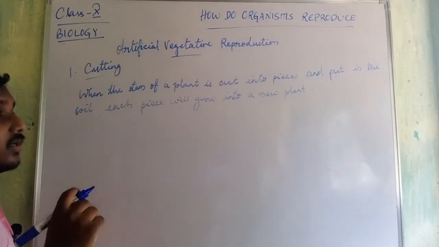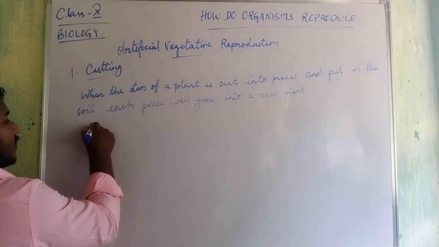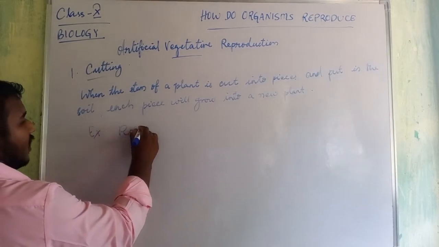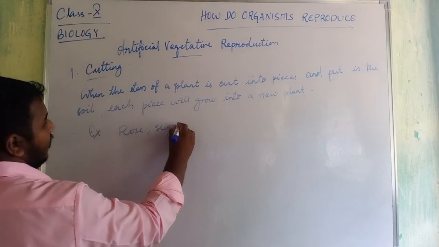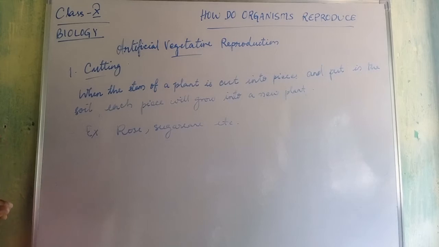This is called cutting. Example you can write rose, sugarcane, etc. These are the examples.